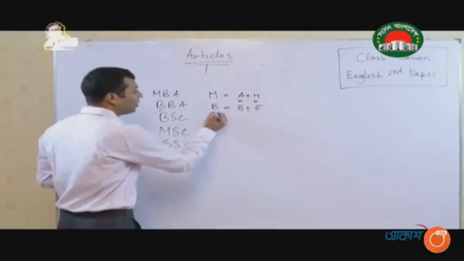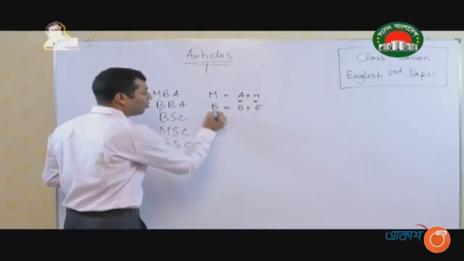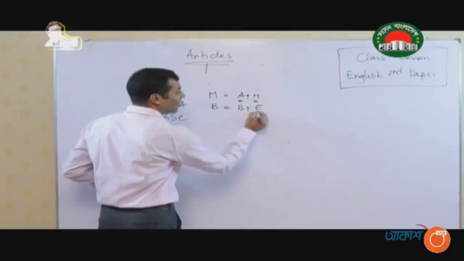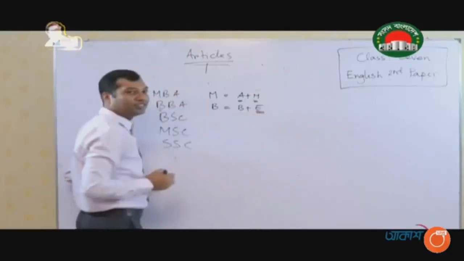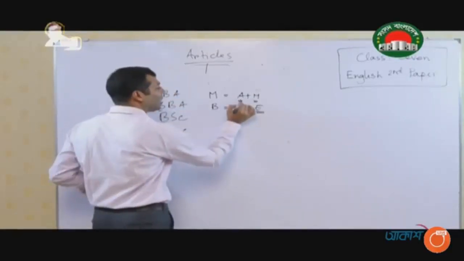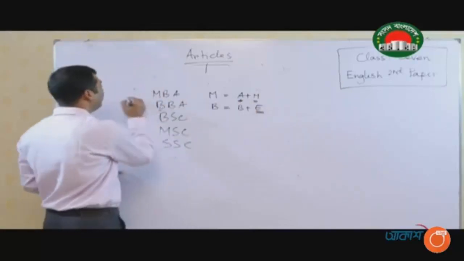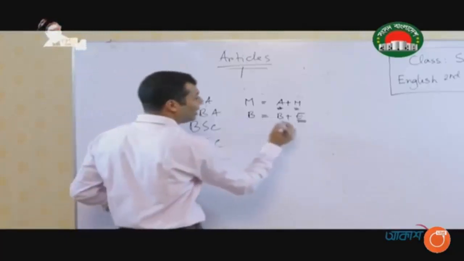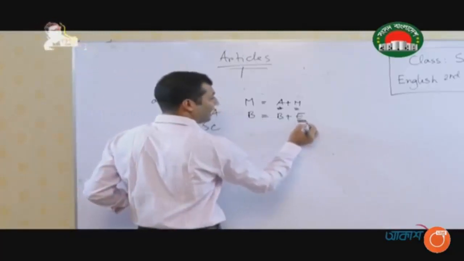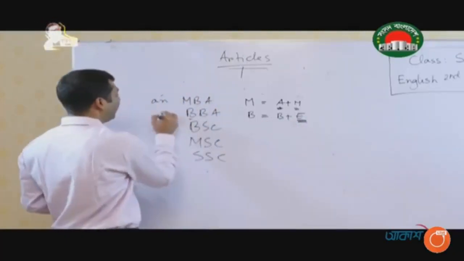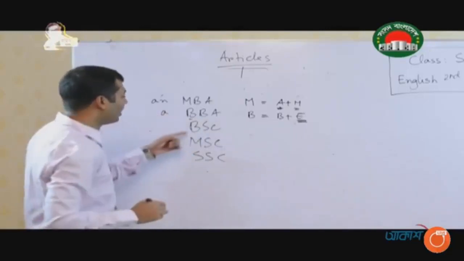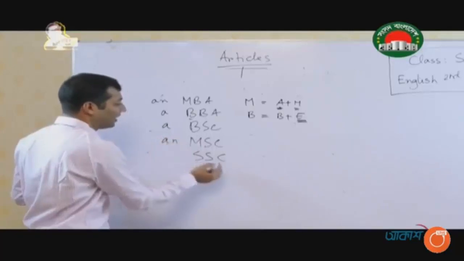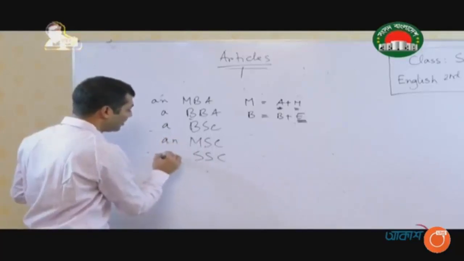And while you are pronouncing the letter B, the vowel comes at the end. So when the vowel comes first, it will be an. So an MBA. And while the vowel sound comes at the end, it will be a, a BBA. Similarly, a BSc, an MSc, and an SSC.